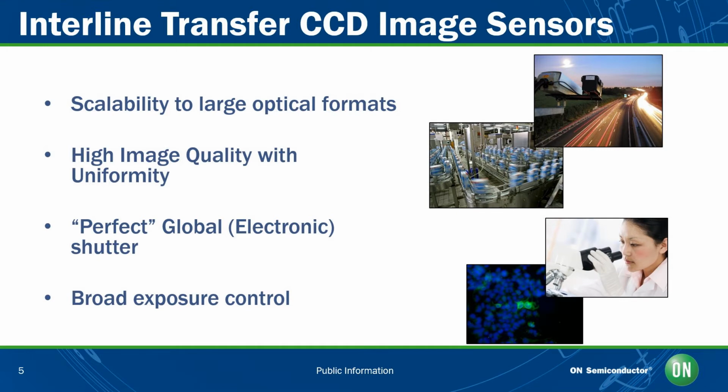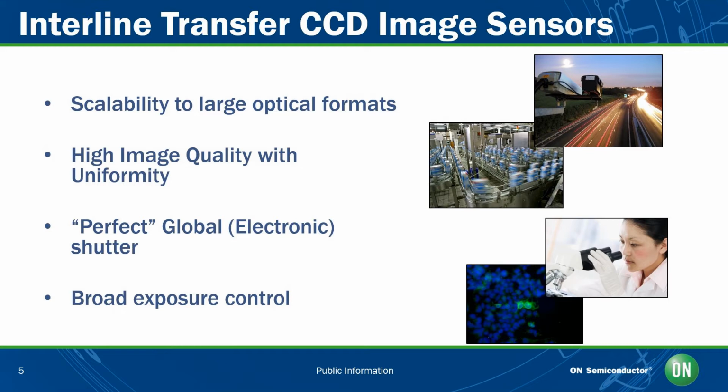And that is one reason that even today, these applications often rely on CCD image sensors because of the unique performance this technology can provide. Interline Transfer CCDs retain outstanding image quality even when scaling to very large optical formats, enabling the development of devices that combine high resolution with high uniformity and low noise.